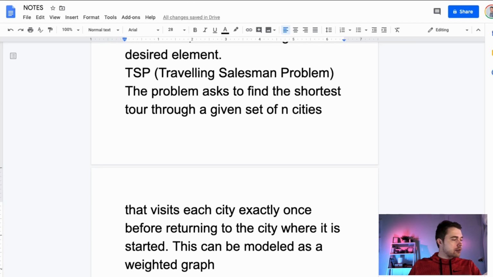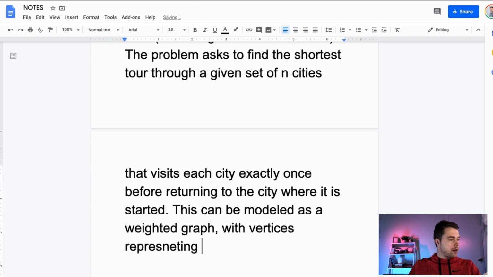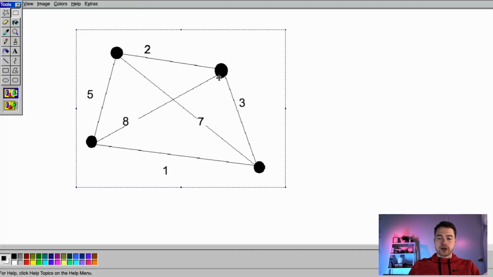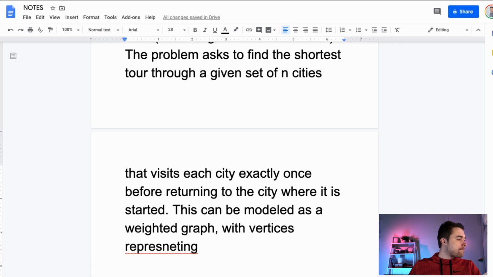It is a weighted graph with vertices representing, okay, the vertices are those dots, right? So what do they represent? They represent the cities.